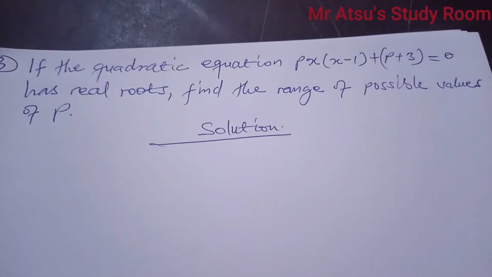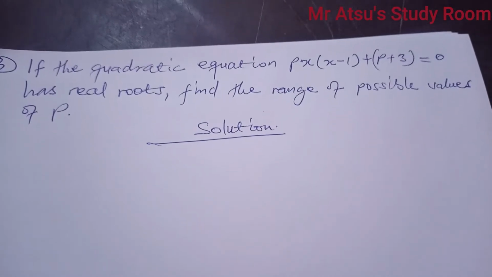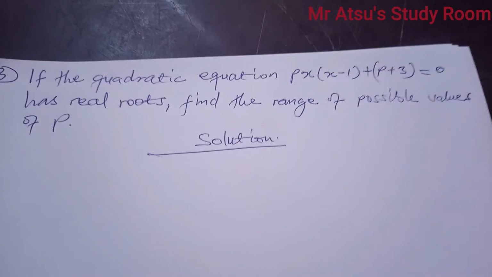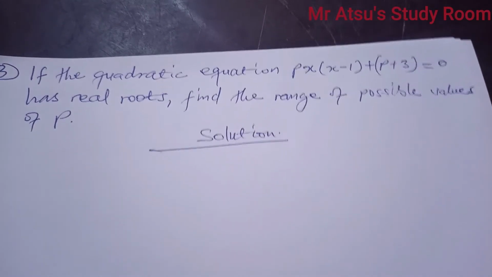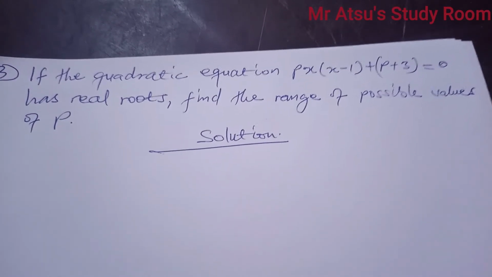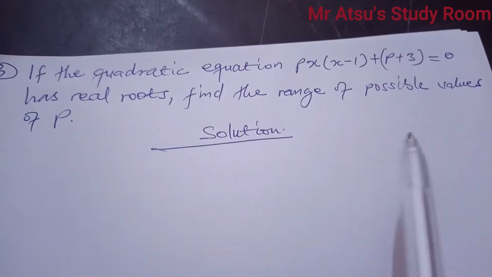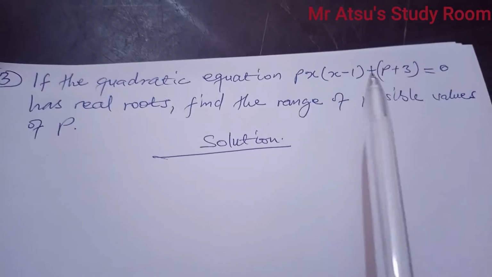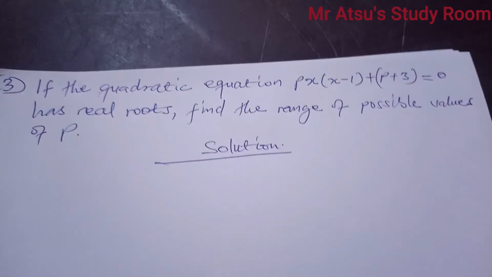The next question is, if the quadratic equation px multiplying x minus 1 plus p plus 3 equals 0 has real roots, find the range of possible values of p. We need to expand this first for us to have our quadratic equation clearly. Let's do that.